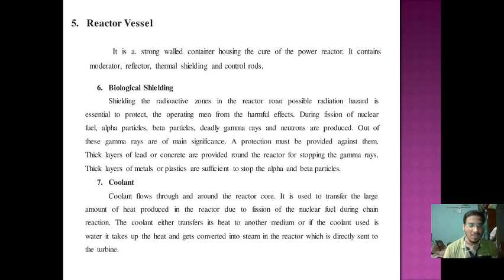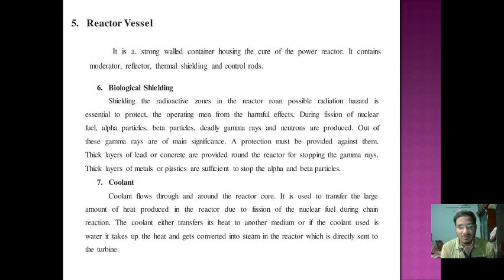Biological shielding. What is biological shielding? It means shielding of a radioactive zone. The total reactor vessel is under the control of the radioactive zone. In that zone, radiation is possible, and because of the possible radiation hazards, it is essential to protect the operating men from the harmful effects.